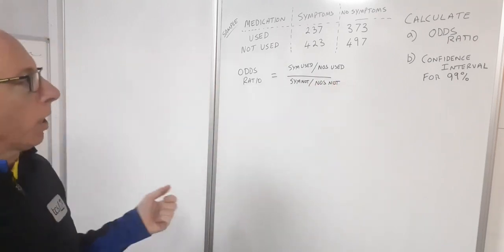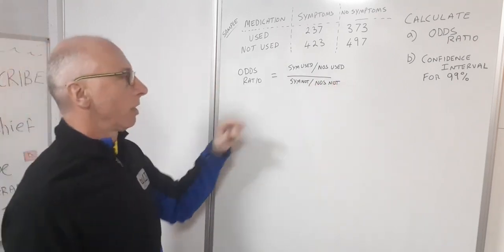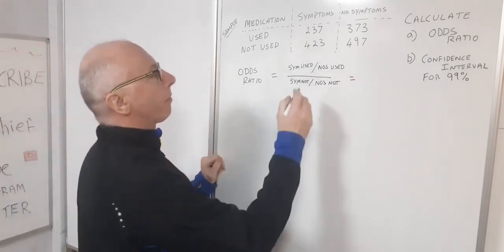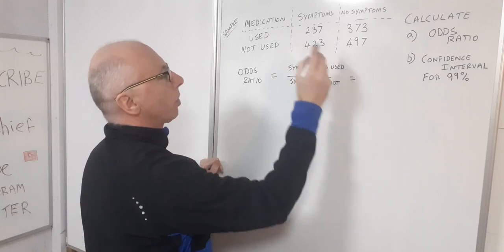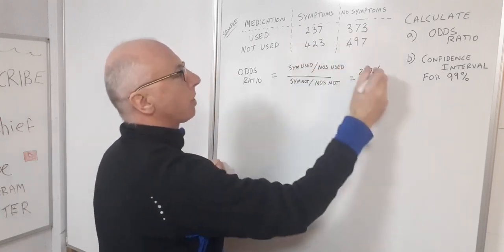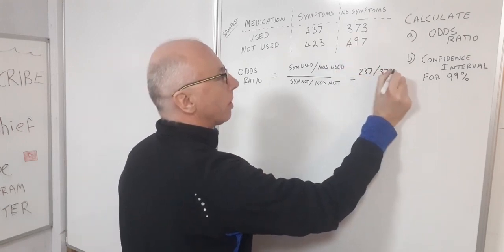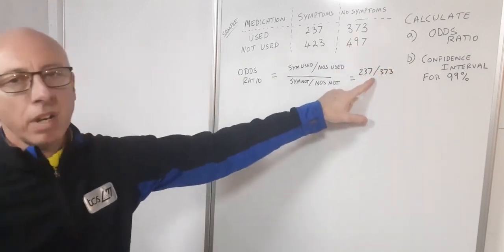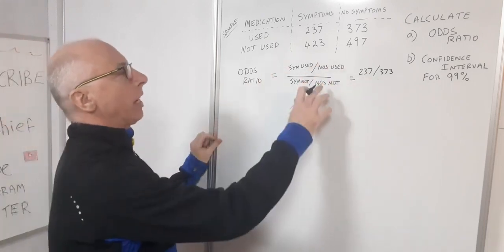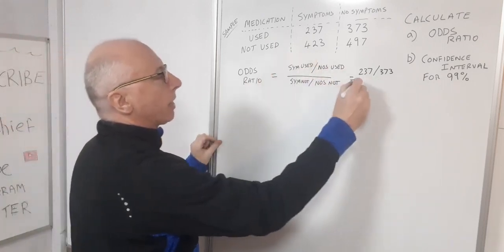Okay, so all we're going to do now is plug our values into our fraction, and it will give us a value. So symptoms used, 237, divided by 373. We can see straight away that this is around about 2/3. Now what about the denominator?